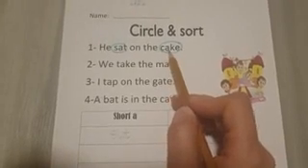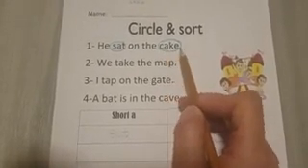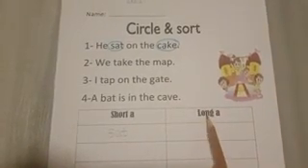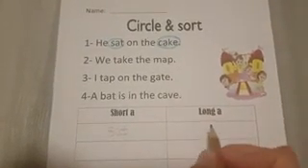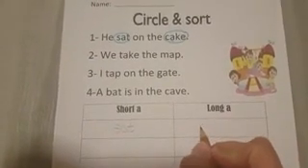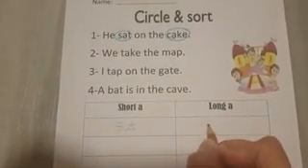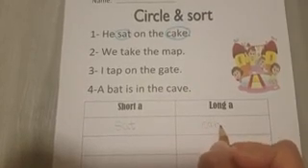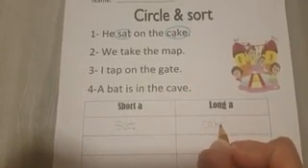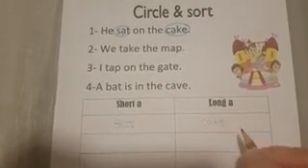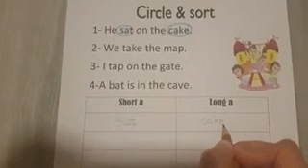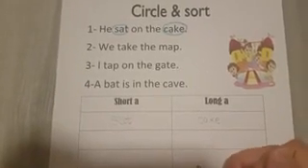A? Yes, it is. Cake. So please go ahead and under long A write cake. K, A, K, and a silent or a magic E. We call it magic E because you say it but you don't say it.